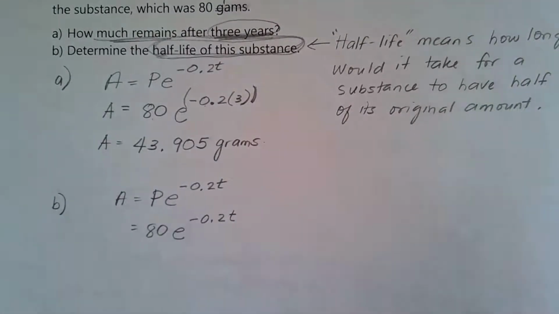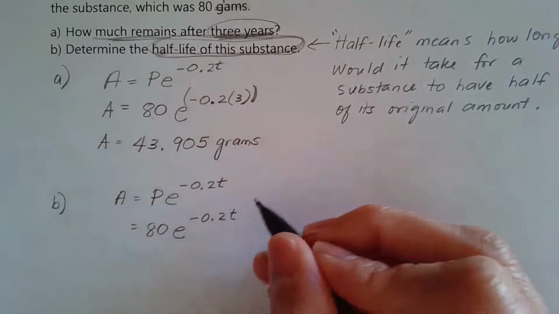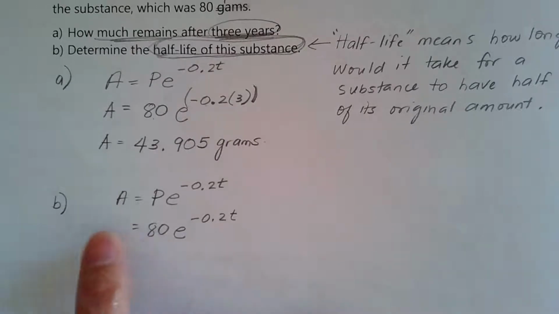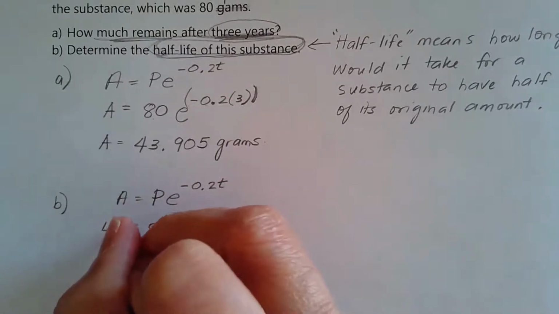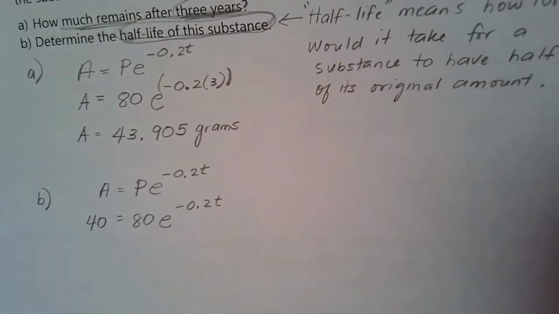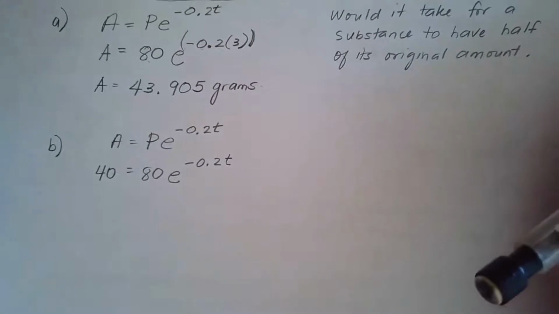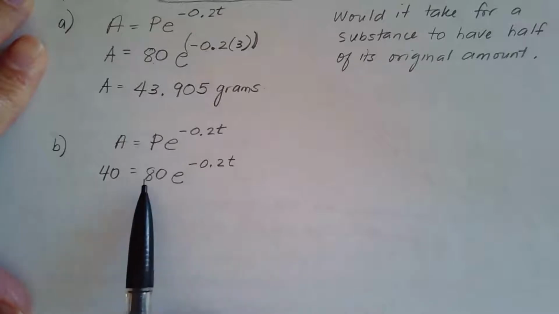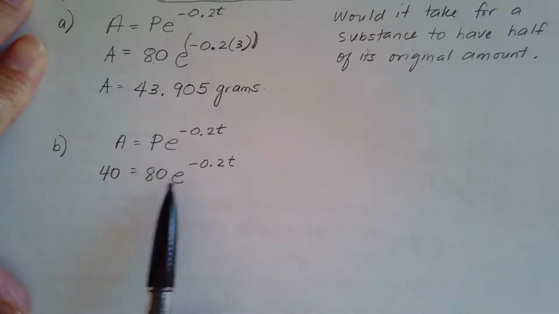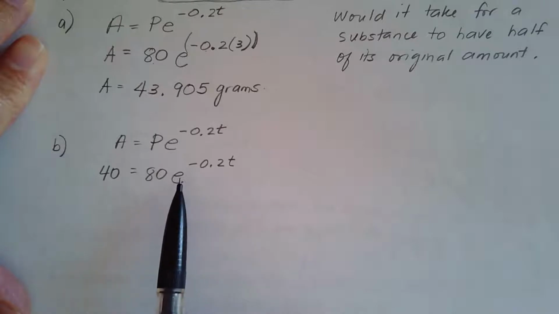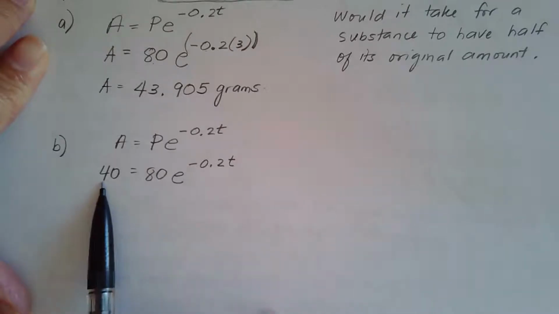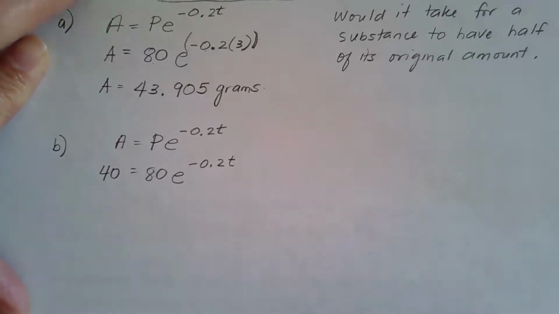How long would it take for the substance to be in half? So we're looking for the time. If we started off with 80 grams, half would be 40. Hope that makes sense to you. Our initial is 80, and because it's decaying, getting smaller each time, how long would it take to make the 80 go down to 40?